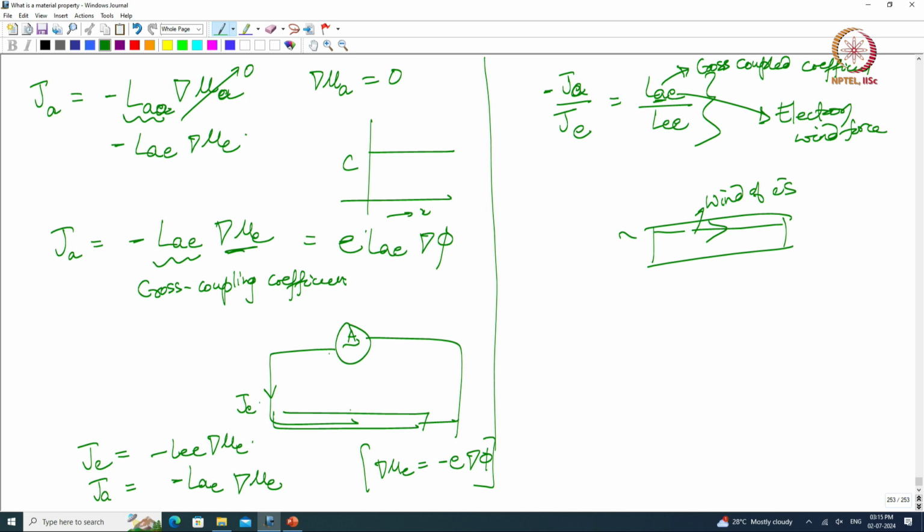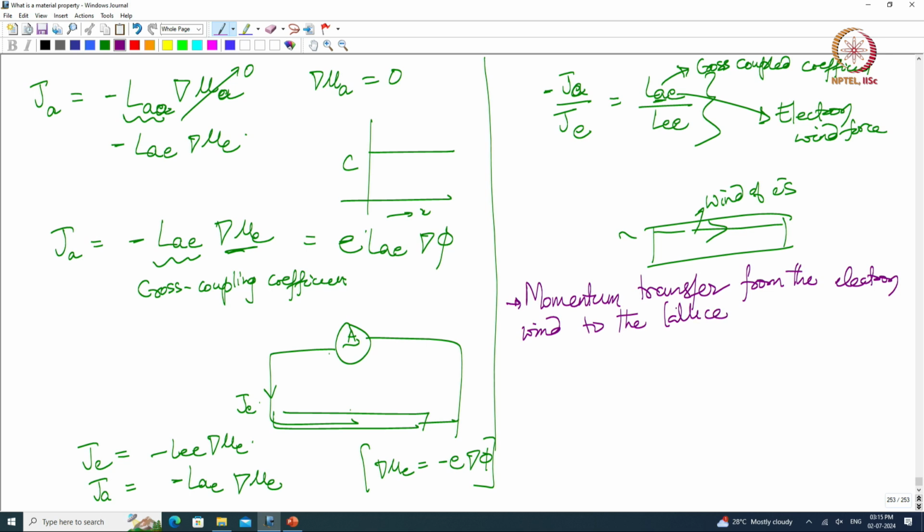How does this wind of electrons transfer its momentum? This is a momentum transfer process, momentum transfer from the electron wind to the lattice. That is nothing but the electron wind force.